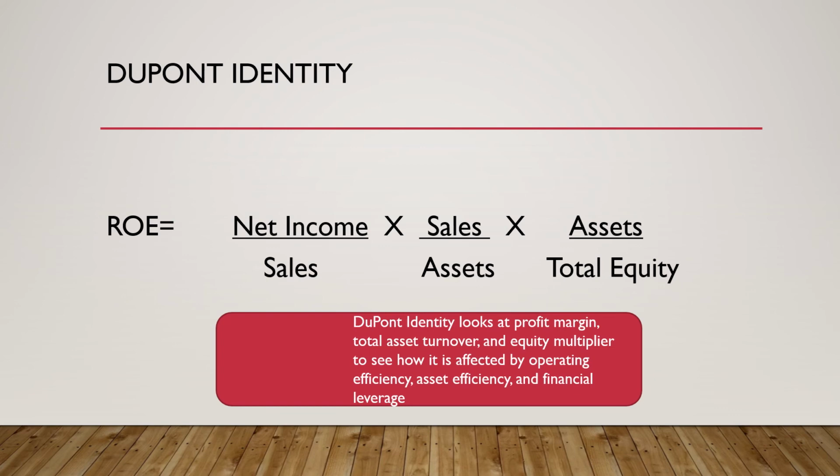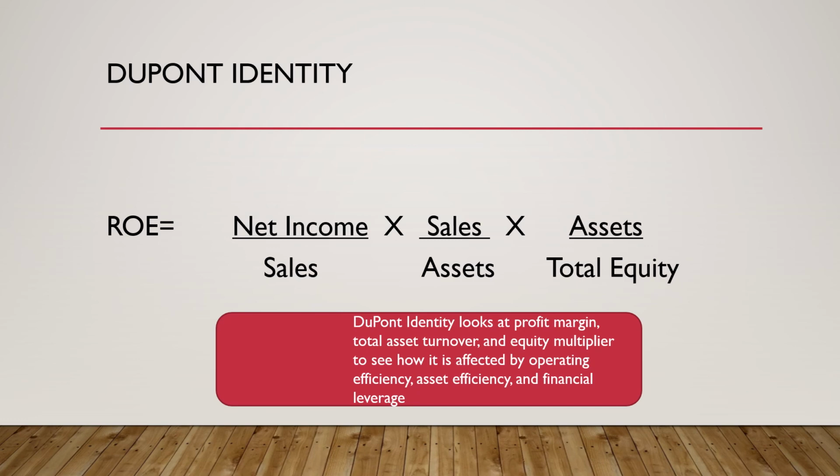You may be wondering, why are we looking at three different calculations when we can just look at one for the return on equity? What the Dupont Identity does is allow us to look specifically at what's behind the return on equity and gives us a little more information. Instead of one equation, we have three.